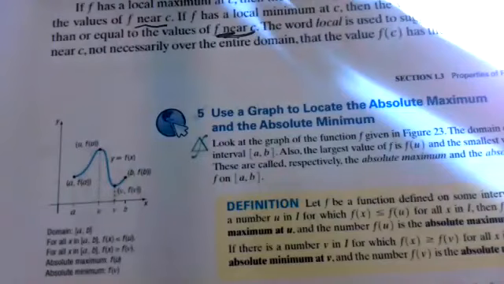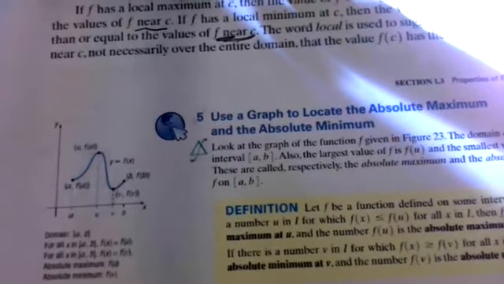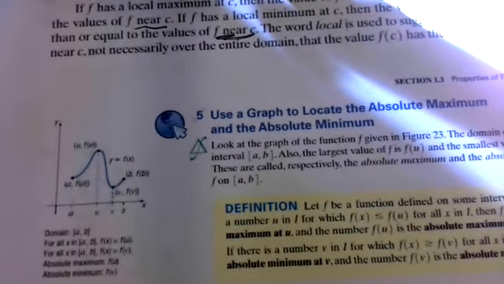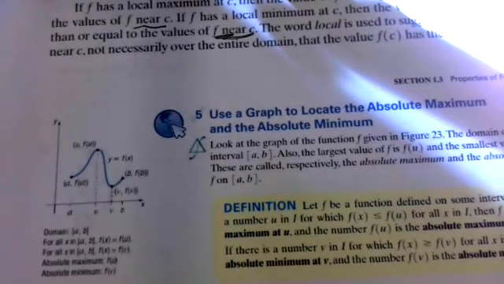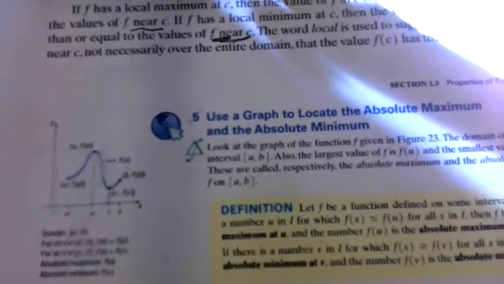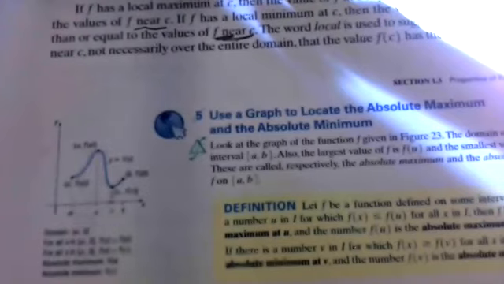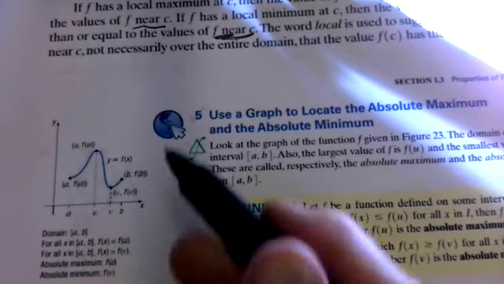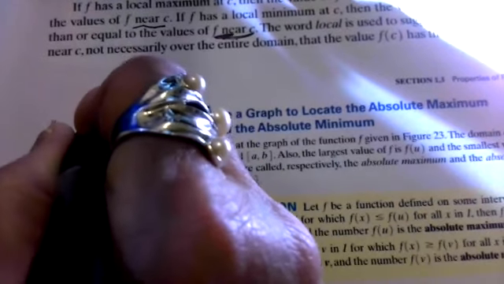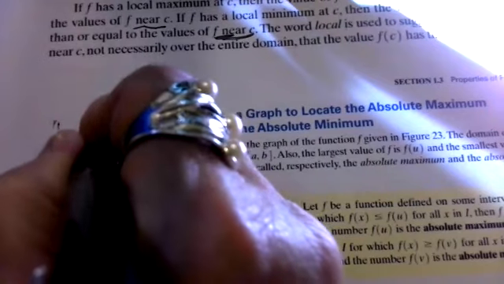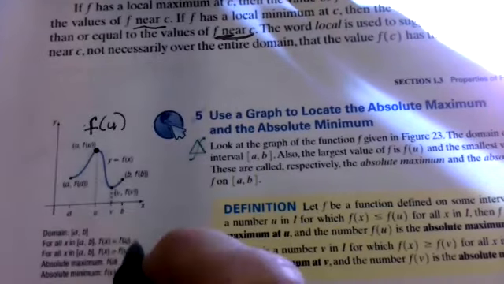So if we look over here at this function, and let me focus. Still not really focusing well. Well, anyways, this is f of u, and that point is the highest point on the graph.